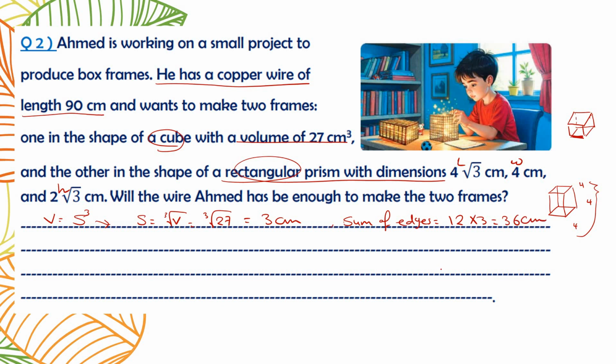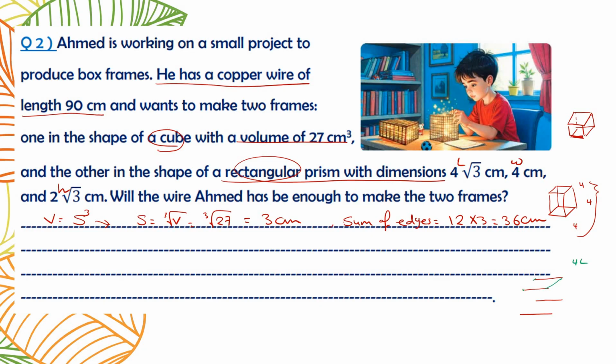Okay, what about the rectangle? The rectangular prism, which means a cuboid, we need how many heights and how many lengths and how many widths? We need 2 lengths for the base and another 2 lengths like this for the top, right? So we need 4 lengths. What about the width?